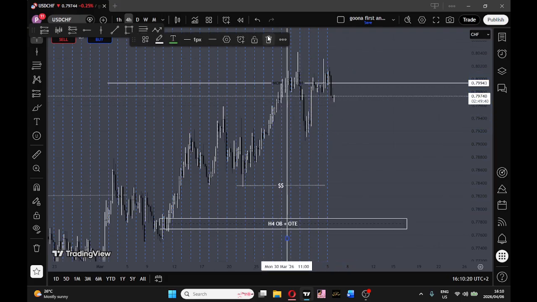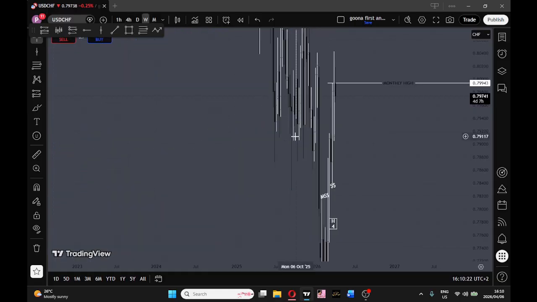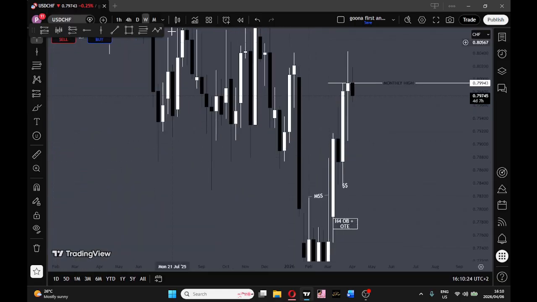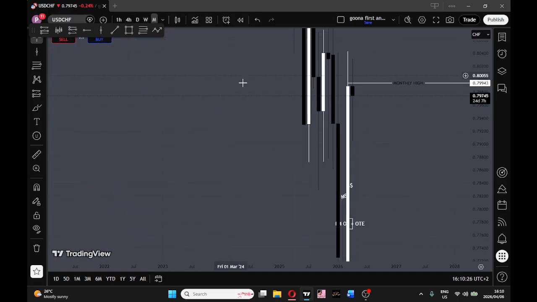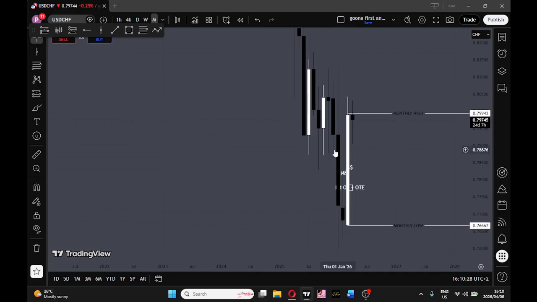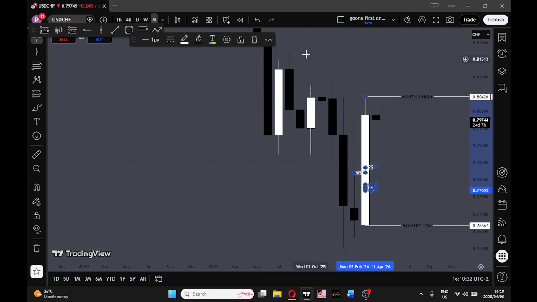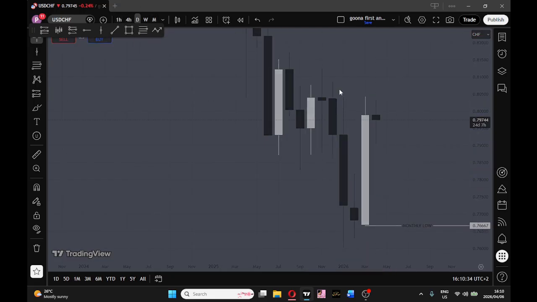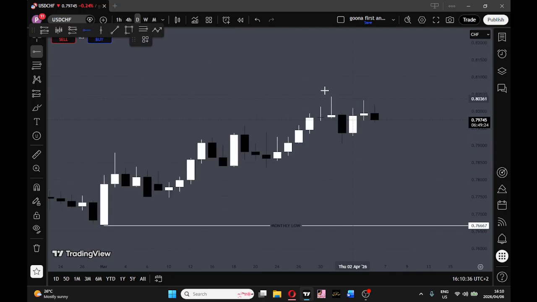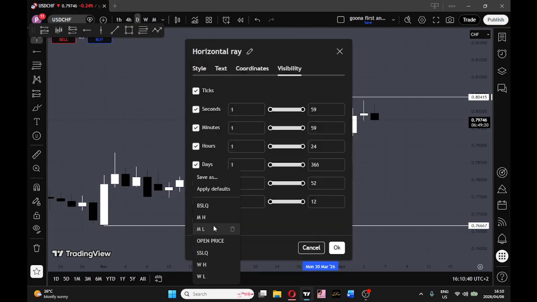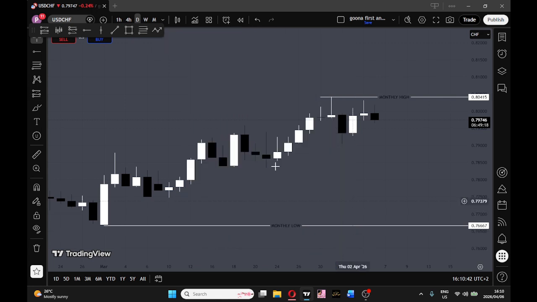So let's see what's happening on the higher time frames and see if we can find a new point of interest, because I don't think that one is still gonna push. So let's move these. Monthly high.